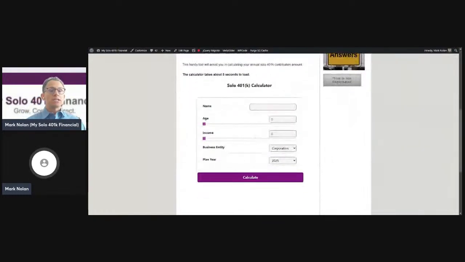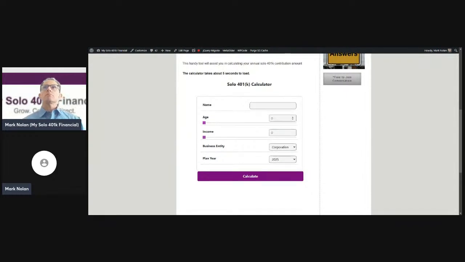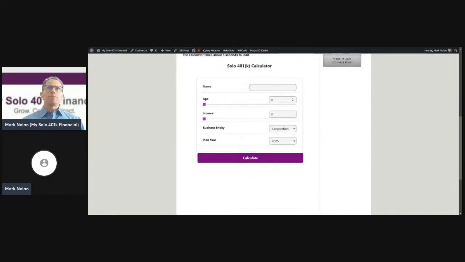Again, today's presentation is for an S-corporation, or an LLC taxed as an S-corporation, where we're going to do live calculations. Okay, let's say that this individual's age 45. Let's further say their income is $100,000 of W-2 wages for 2025. We're going to keep it as a corporation. Plan year, tax year 2025. Click on calculate.